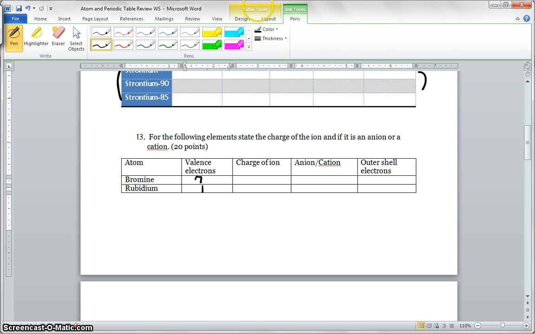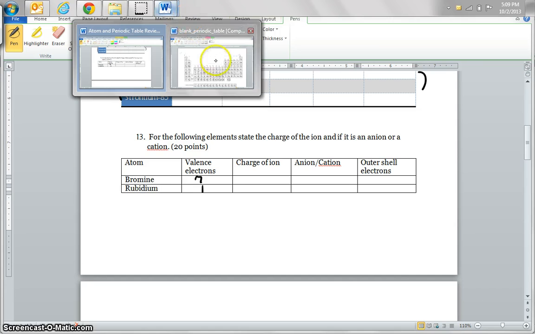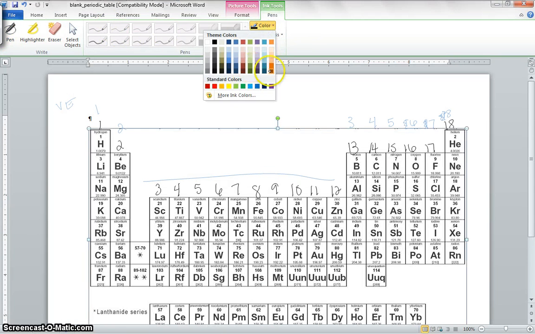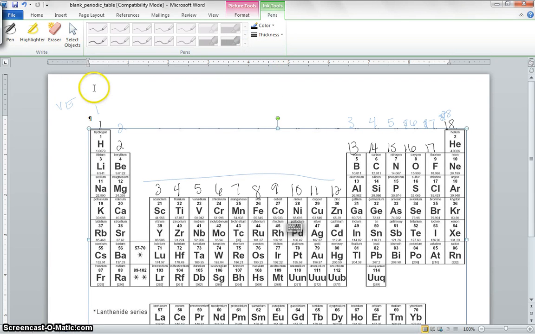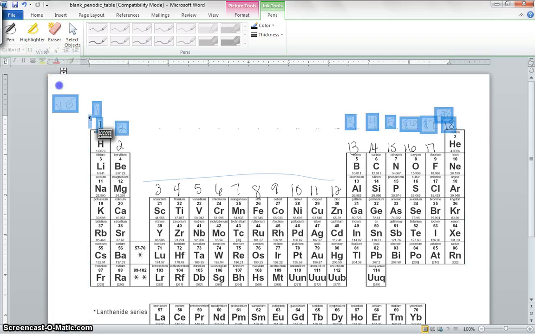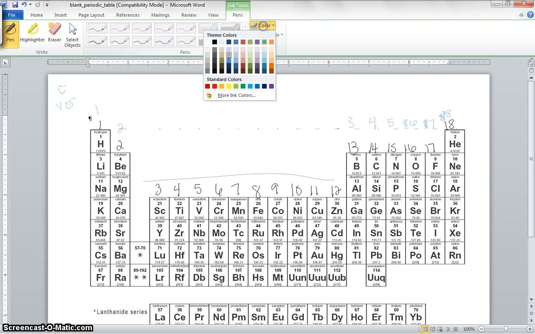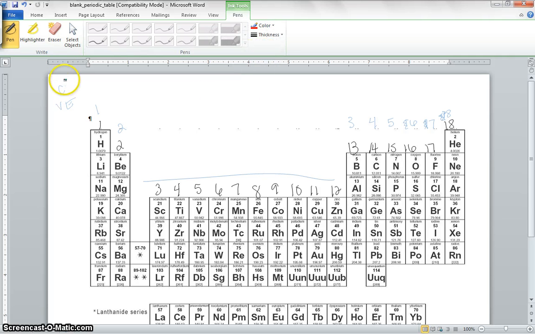Now, charge of ions. We talked about the charge of the ions the other day when I was drawing on the periodic table that was up on the board. And the charges are just a little bit different. Okay, so the charge is going to be the charge of the ions that they're going to make. So anything in group 1 is going to have a +1 charge.